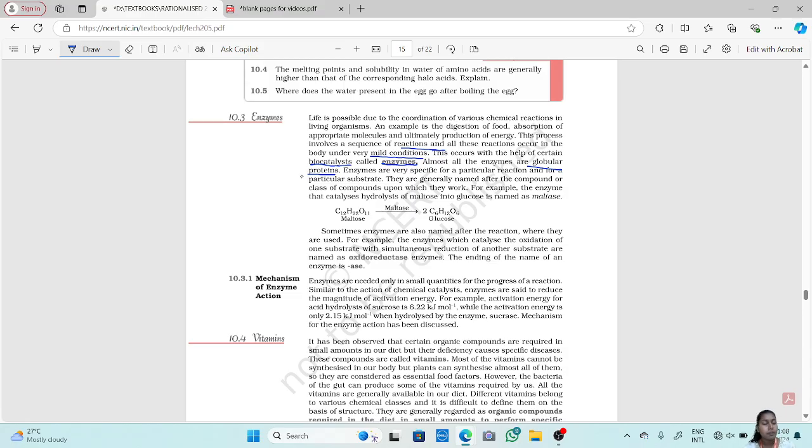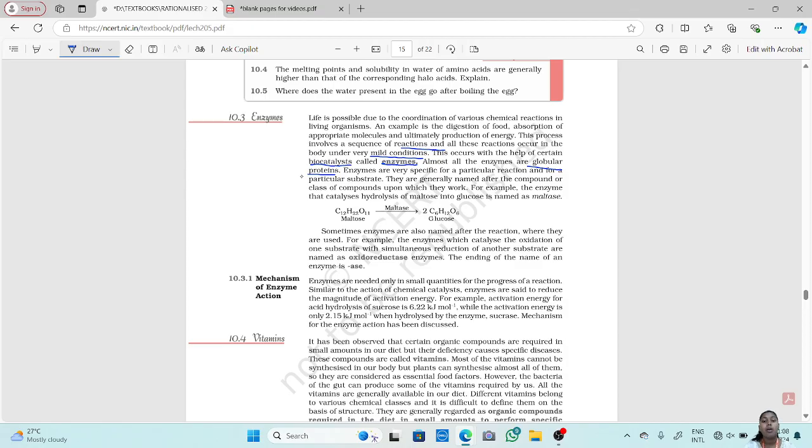Similarly, enzymes are specific for specific reactions or a specific reactant or substrate. Now they are generally named after the compound or the class of compound upon which they work. So the names of these enzymes are given according to the compound on which they work. The compound on which they work means the reactant on which it acts.